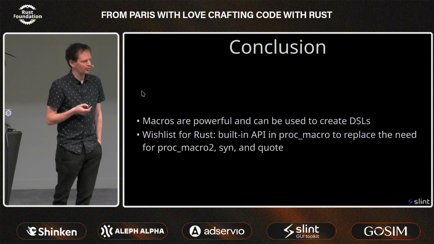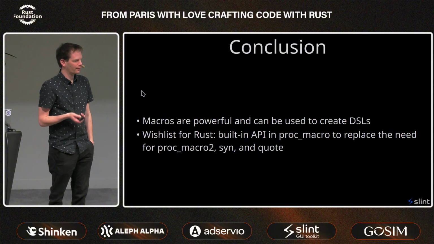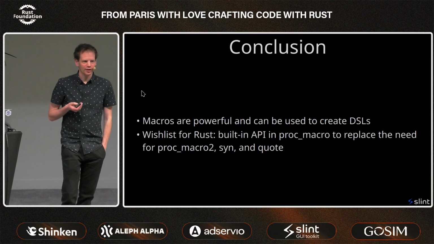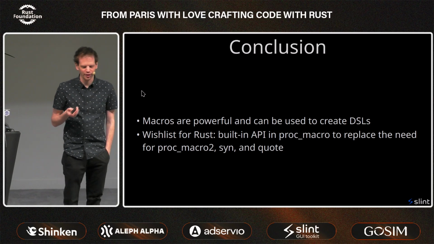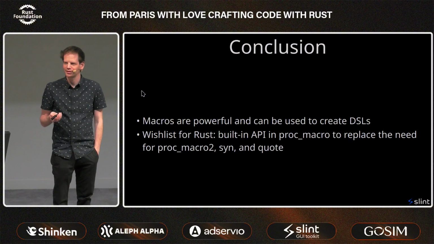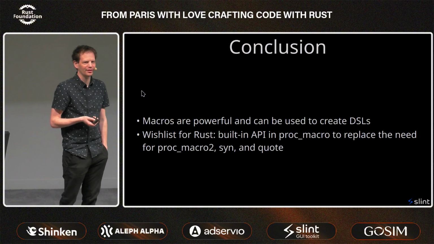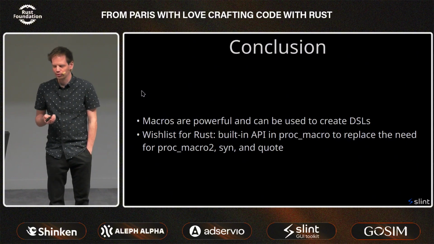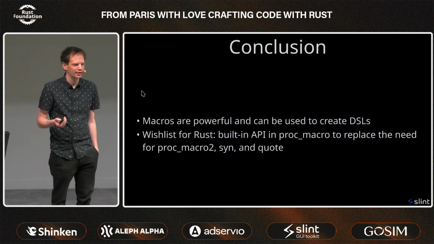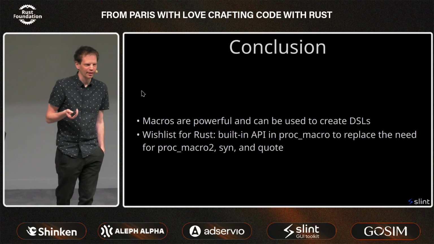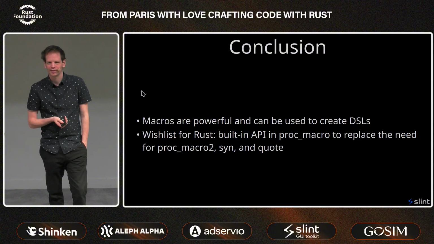So in conclusion, macros are very powerful, and you can do a lot of things. As a wish list for the Rust project, it is really that this could be a bit more polished, especially trying to stabilize what is currently still not stabilized, and also to have helpers so you would not need to have the syn and quote macros. There is a replacement for quote in nightly.